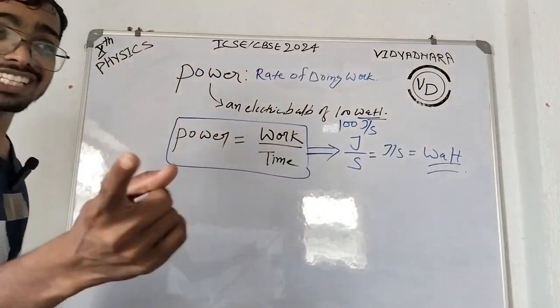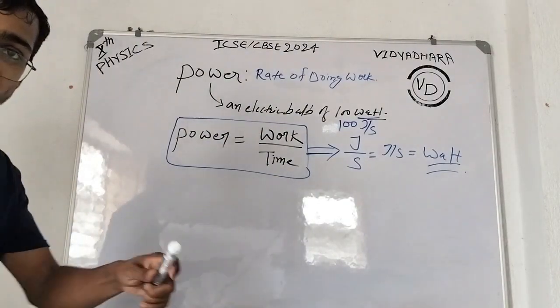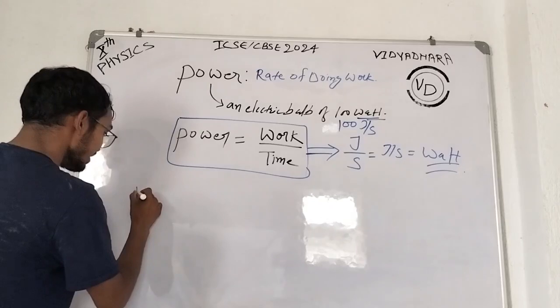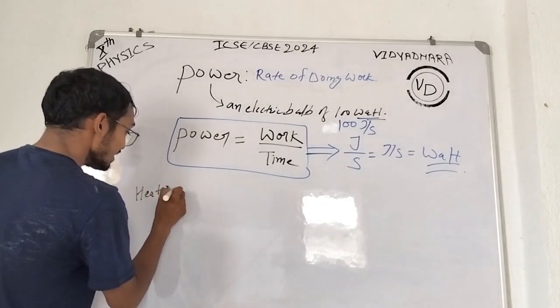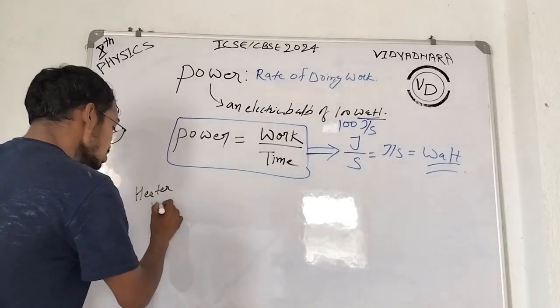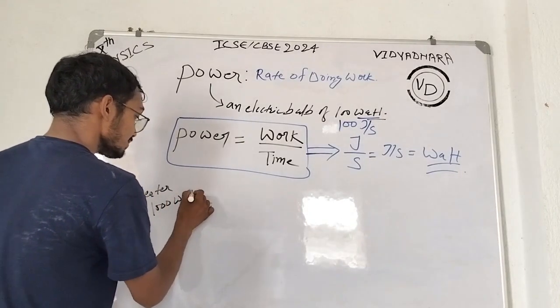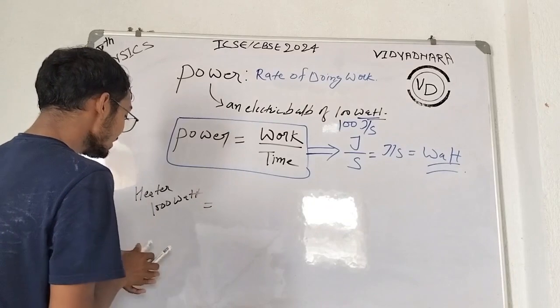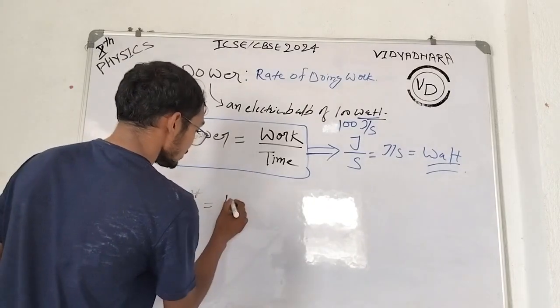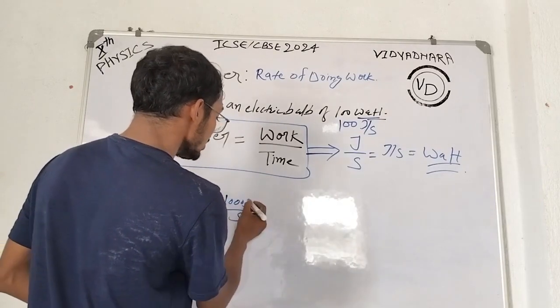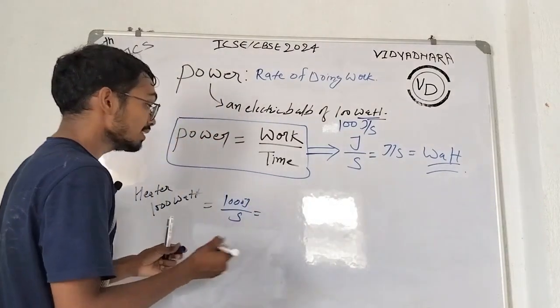Now I am taking another example of a room heater. You have seen inside your home a room heater which has 1000 watt. That means 1000 joules per second.